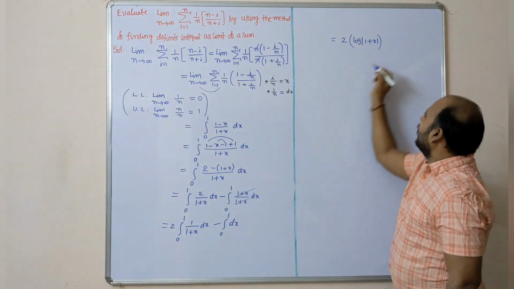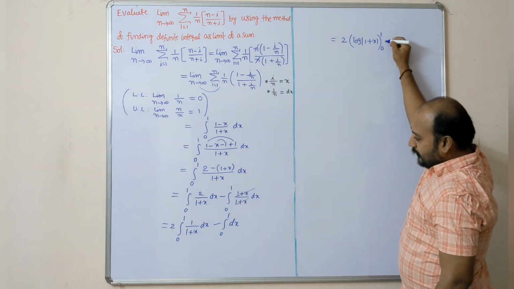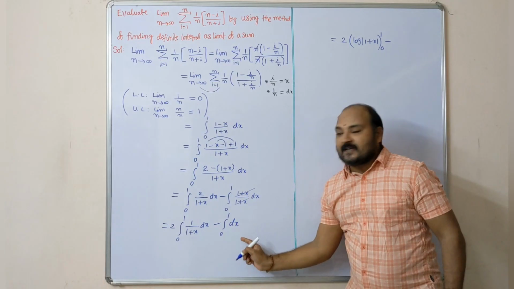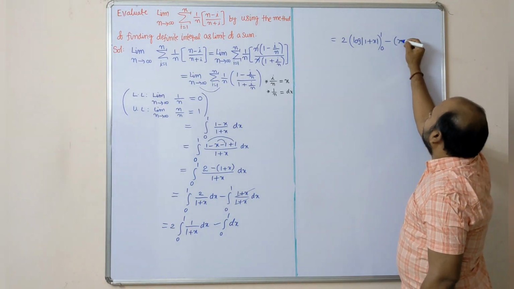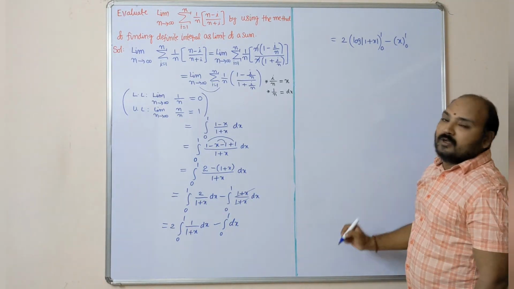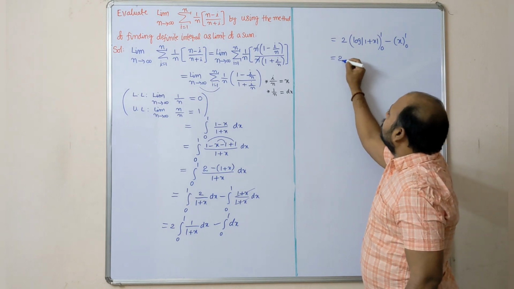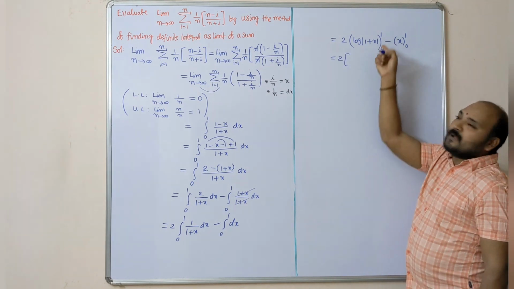0 to 1, minus integral dx is x. Applying the limits 0 to 1. So 2 into, wherever x is there, replace with 1.